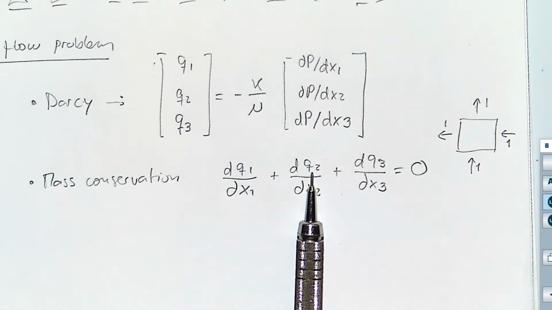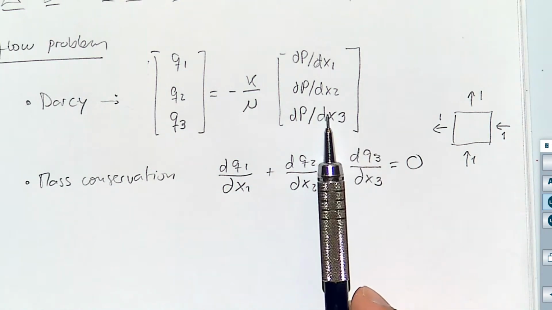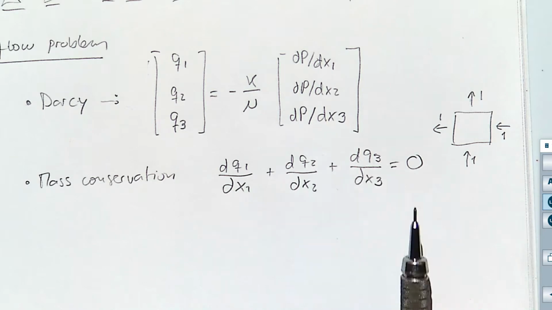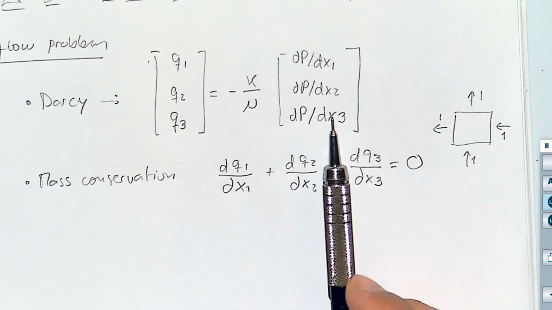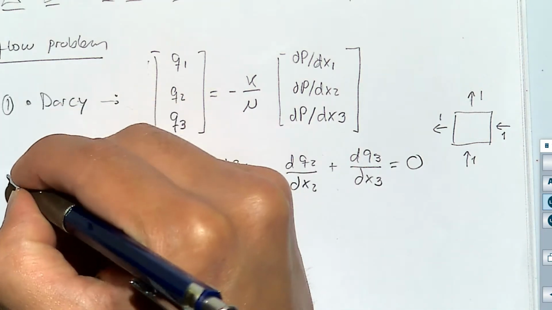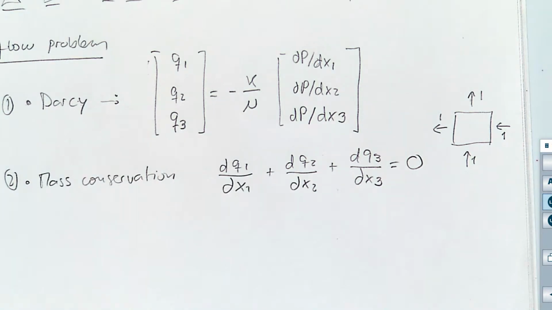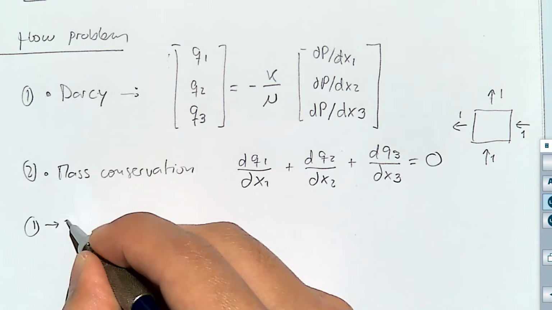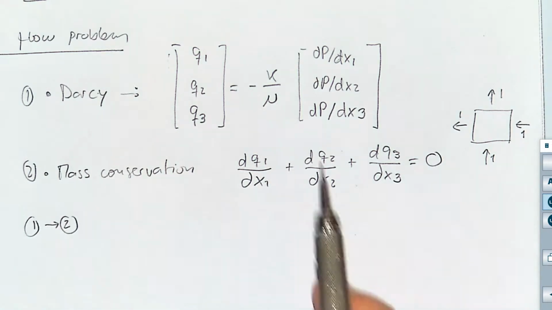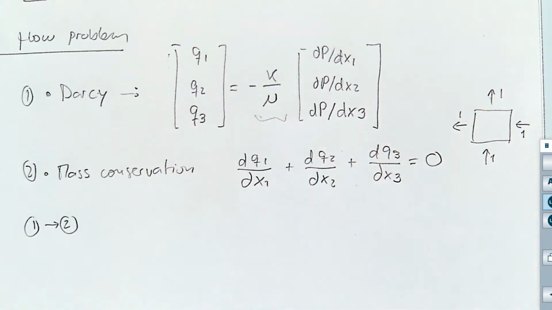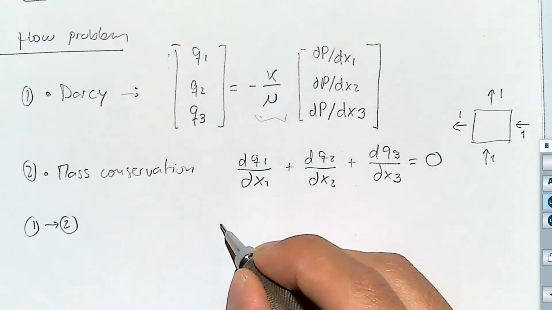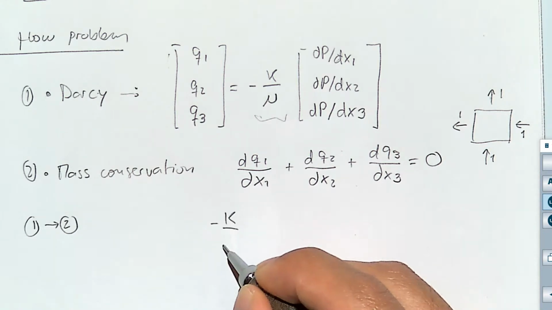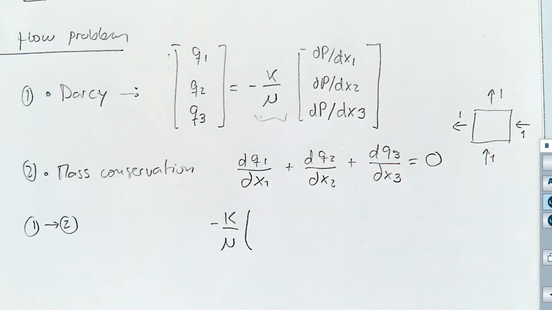And Q2 is dp dx2, and the same for Q3. So if I put equation 1 into equation 2, this is going to be a common factor everywhere, so I'm not going to write it because it's going to be equal to 0. Okay, well, I can write it. It's going to be just a common factor.